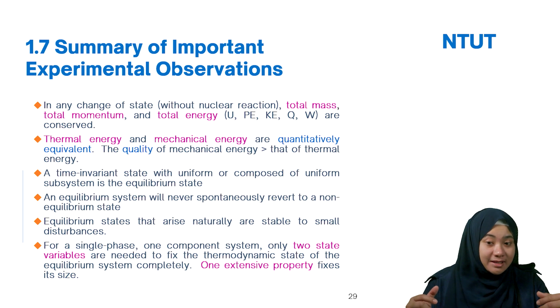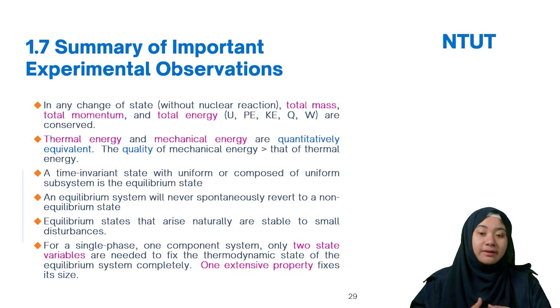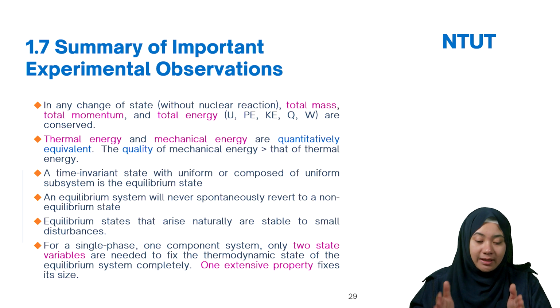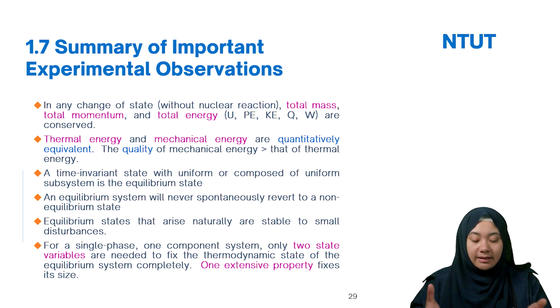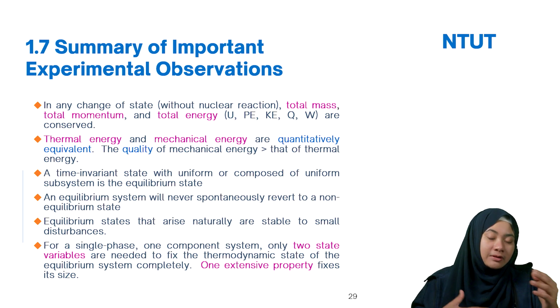It's not easy to convert the heat into work because you need to keep the heat with no heat loss, so the temperature should be constant.